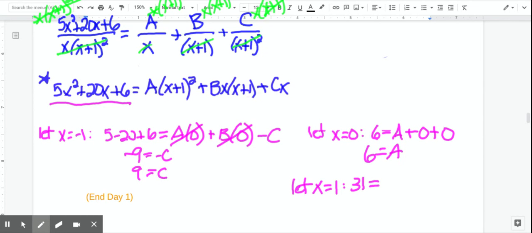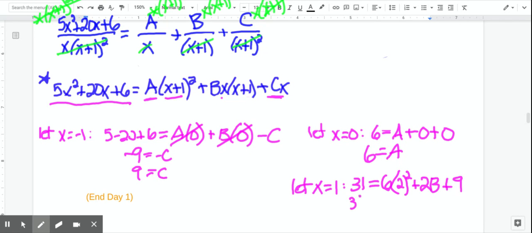equals. Now I know what A is, so it's going to be 6 times, I plug in 1 here, it's going to be 2 squared. Now I don't know what B is, so I have 1, 2, so I have 2B. And I know that C is 9, so 9 times 1 is that. And then I'm just going to finish solving that.